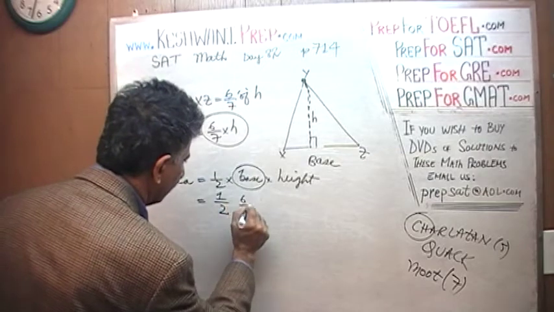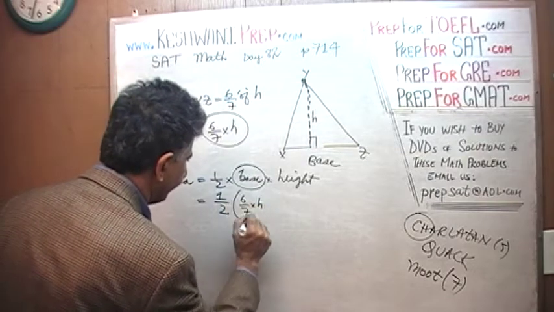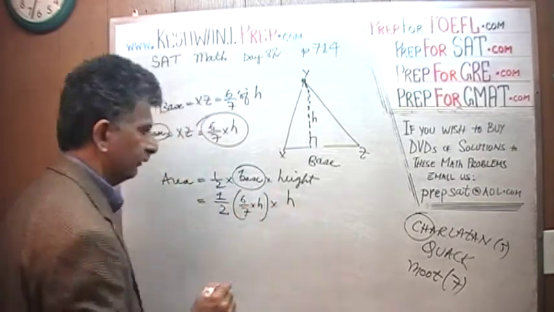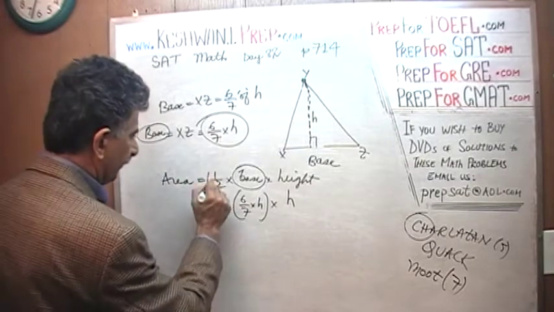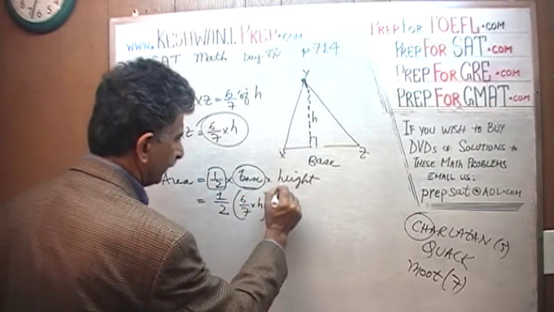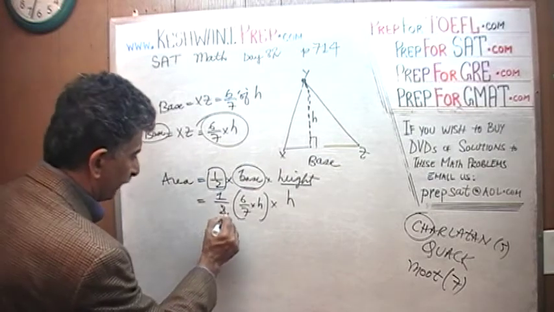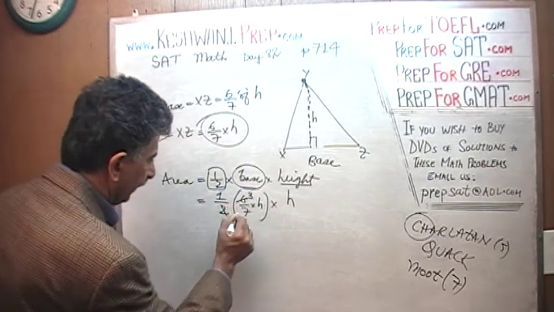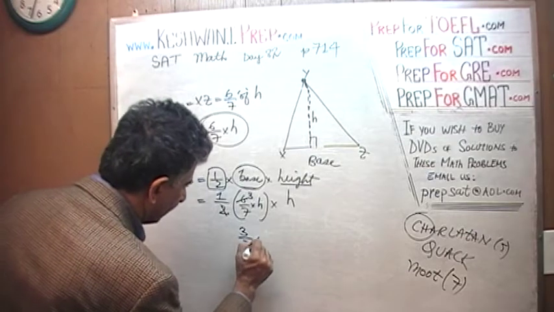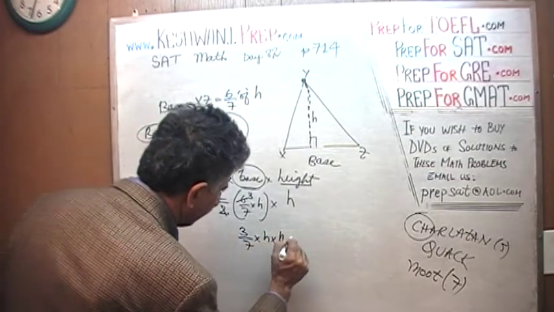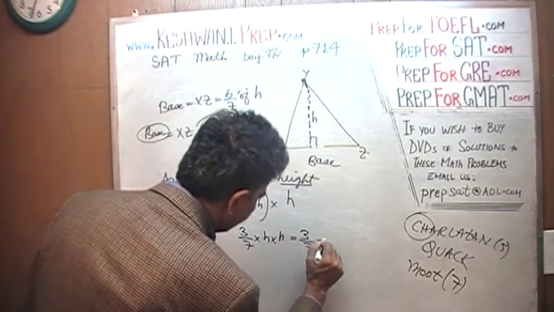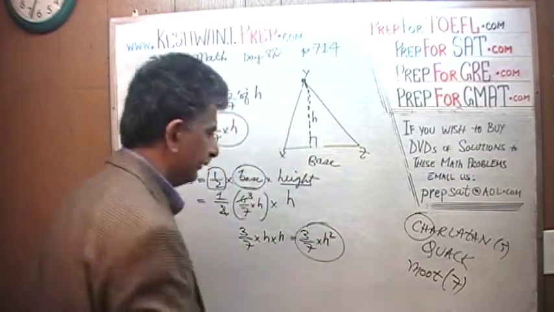Base equals 6/7 of height, times the height itself. You see, 1/2 base times height. That's it, we're done. 2 can cancel out with the 6, becomes 3, and we end up with 3/7 times h, which is 3/7 times h squared. That's our answer.